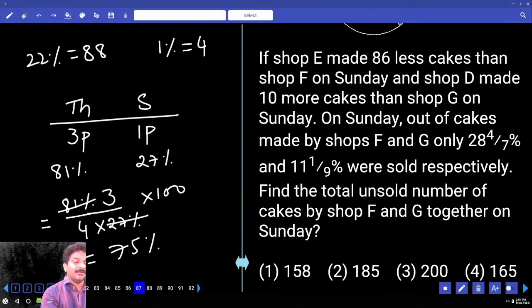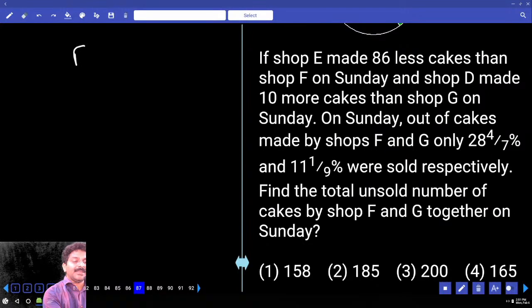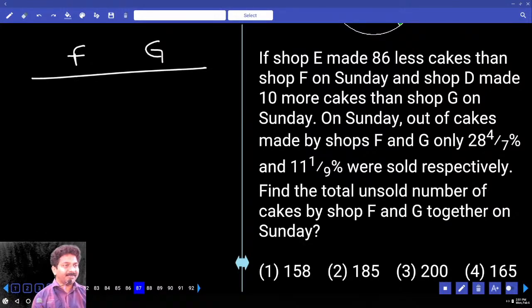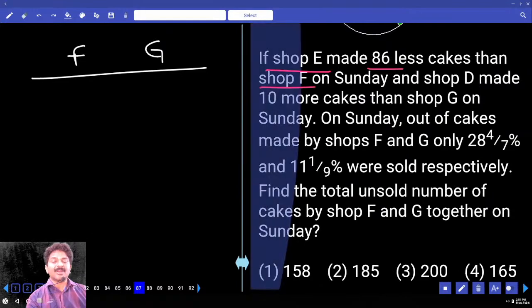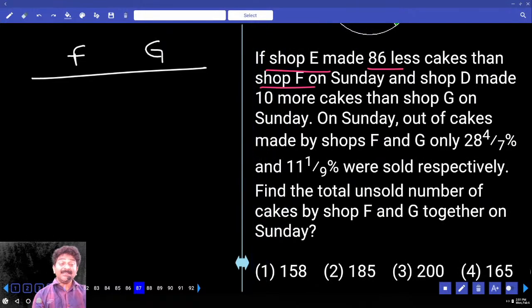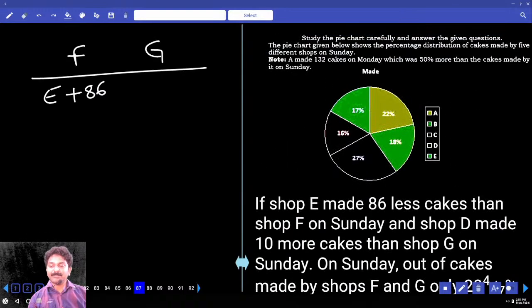So now, first of all, we need to know how many cakes are made in shop F and then G. Shop E made 86 less cakes than shop F. That means F made 86 more than cakes made by shop E. Shop E, what percent is this? 17%.